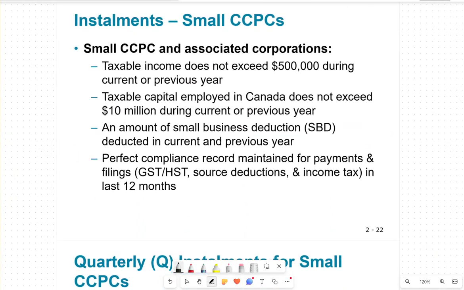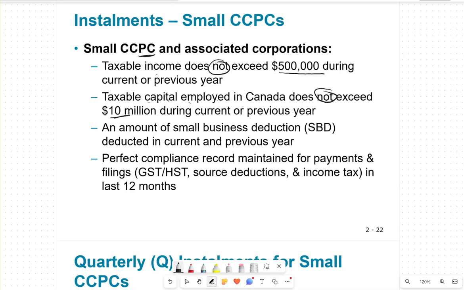Now, if you're a small CCPC, a Canadian-controlled private corporation, in this case it's a private corporation, small CCPC, their taxable income does not exceed 500,000 during the current year. And their taxable capital employed in Canada does not exceed 10 million during the current year or previous year.